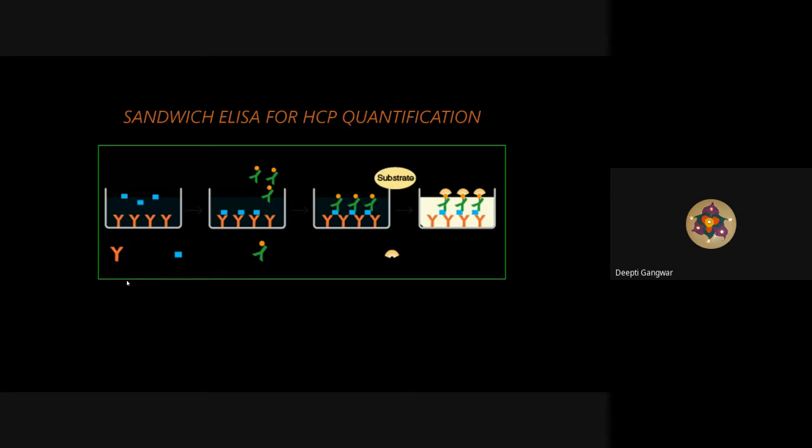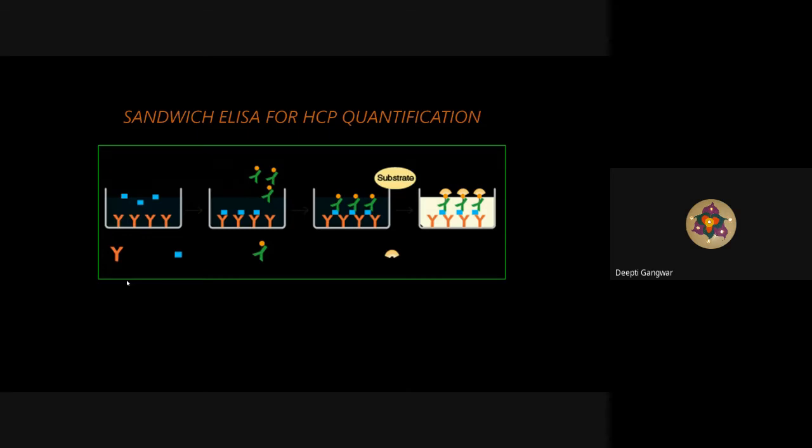In your 96 well plate, you first coat your antibodies against your host cell proteins. Now you take your sample, whichever, your drug substance or what you have finally purified, that particular formulation. You can call it a drug product or drug substance. You take that sample and add it into this well, which is already coated with anti-HCP antibodies.